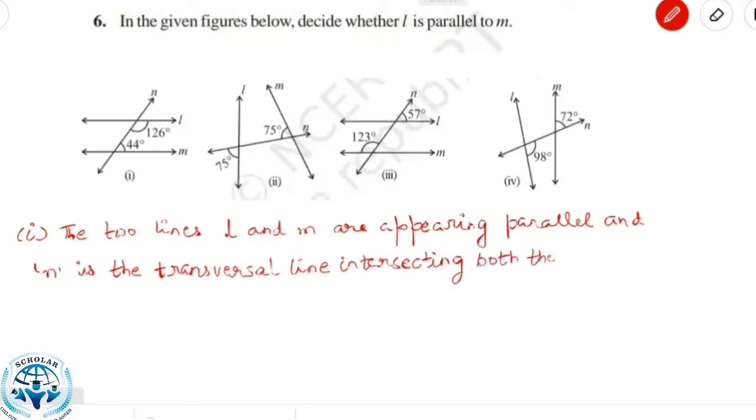It is the line intersecting both these parallel lines.